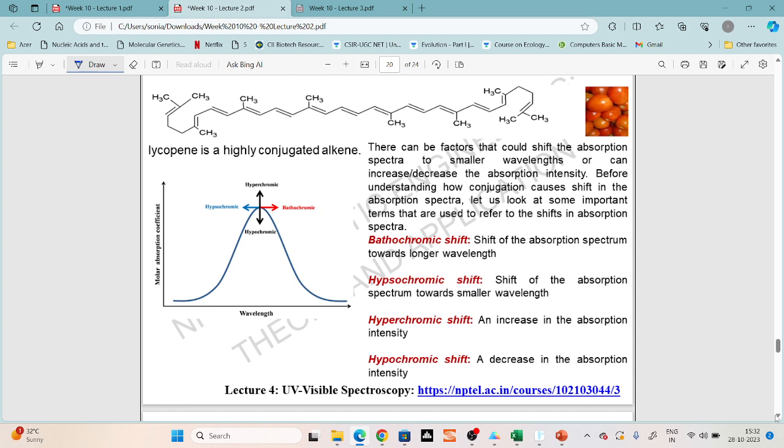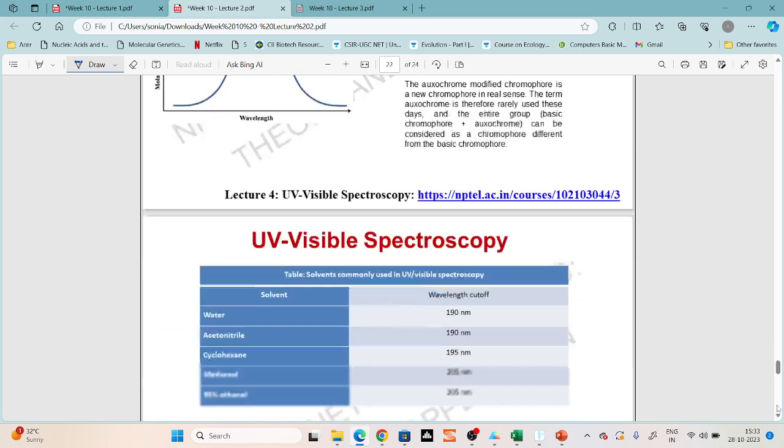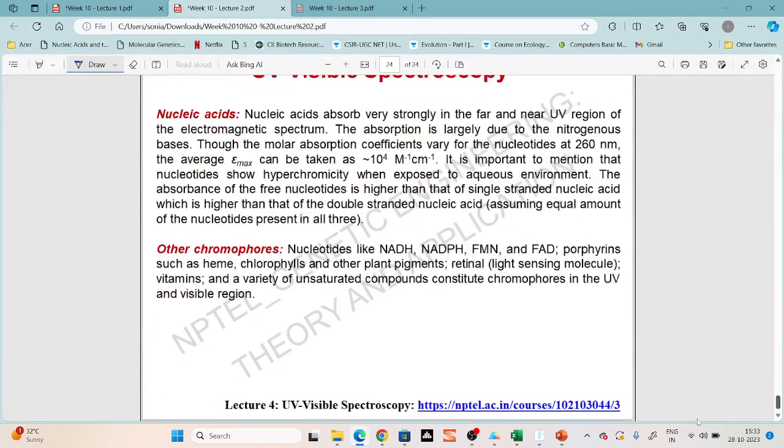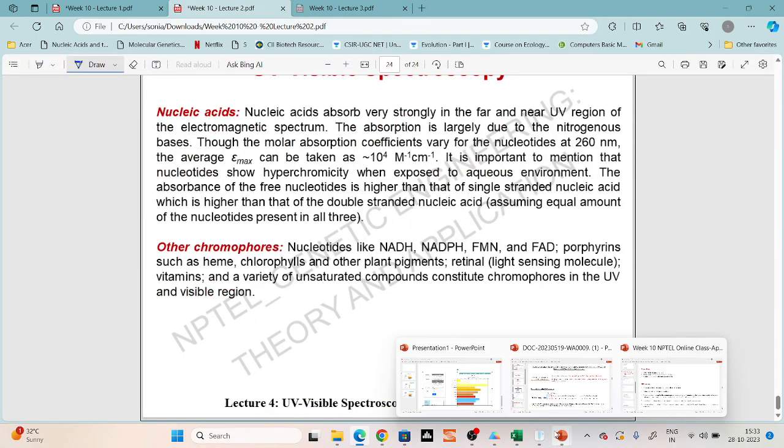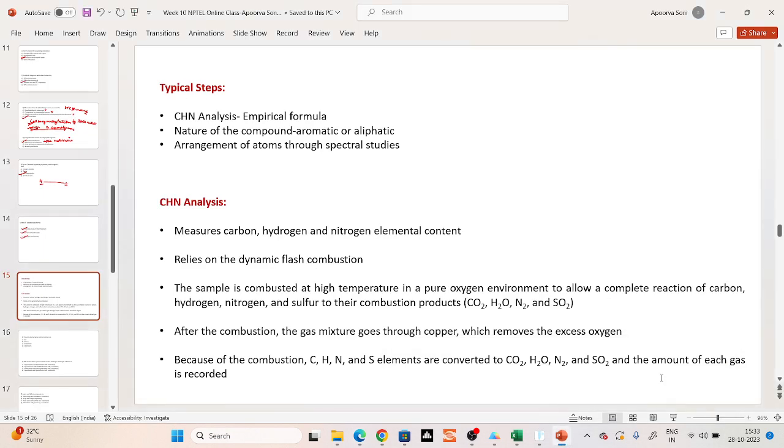Hyperchromic shift is when there is an increase in the absorption intensity, and hypochromic shift is when there is a decrease in the absorption intensity. So these are the terms which are very important for you to learn. Try to memorize them. Now we'll solve the questions because we have one more lecture to finish.